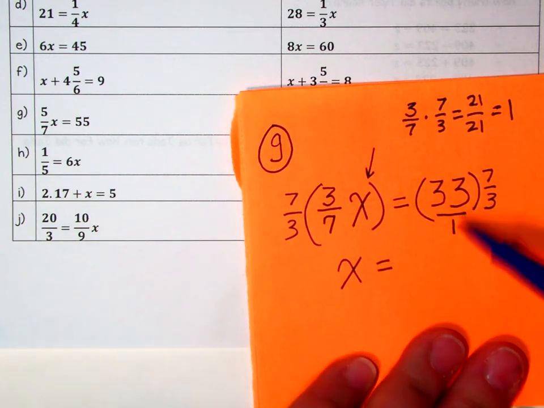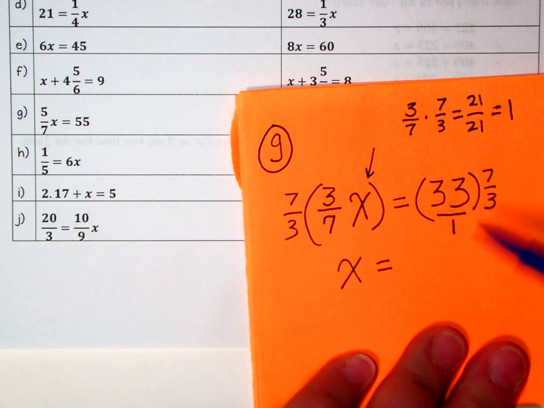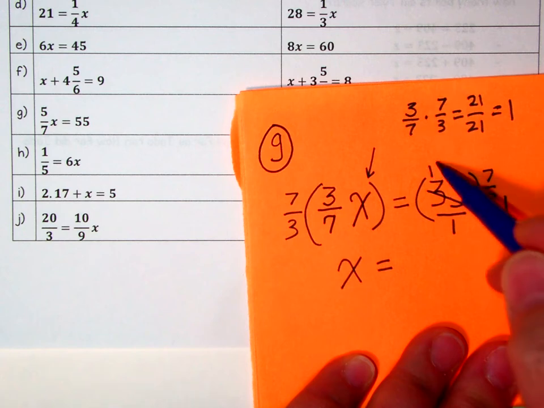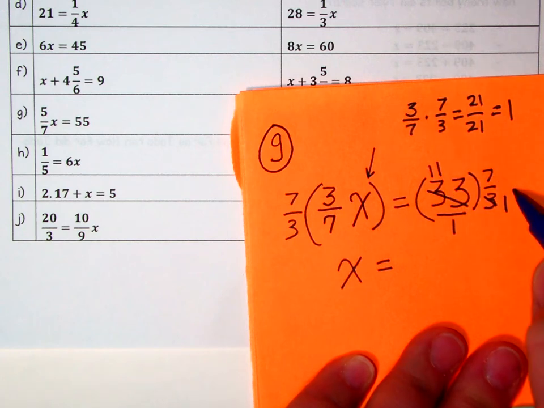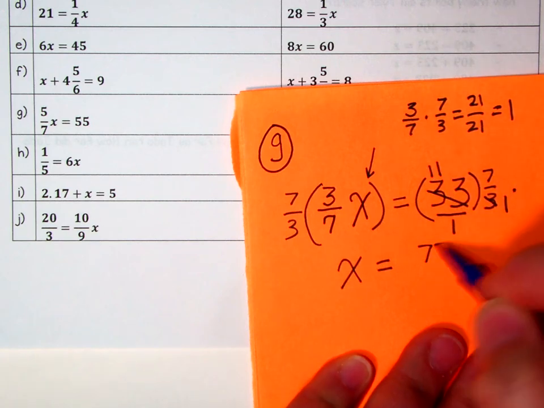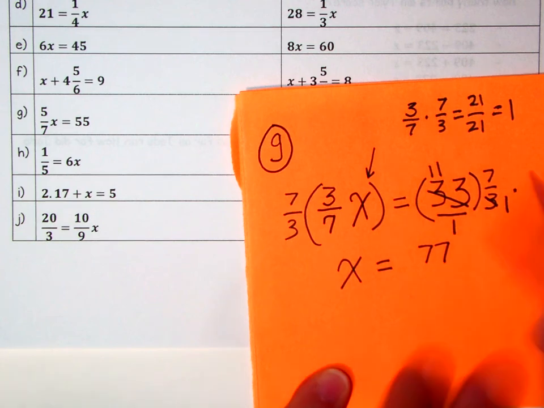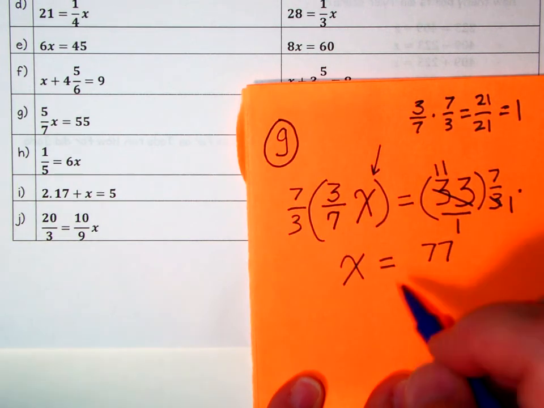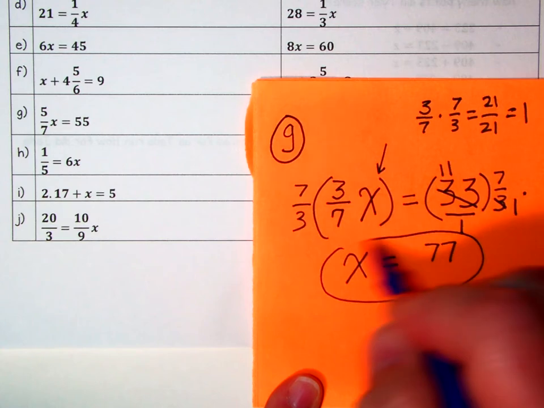If you think about it, if I write the 33 as an improper fraction, I can see that 33 and 3 can both be divided by 3, so that simplifies. And 11 times 7 is 77, and 1 times 1 is 1. So I have 77 over 1, or just x equals 77.